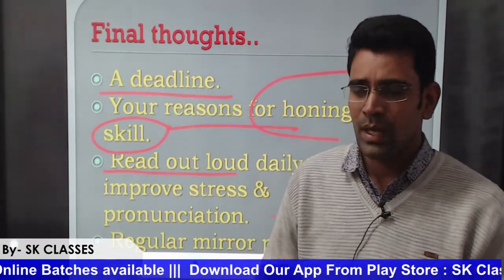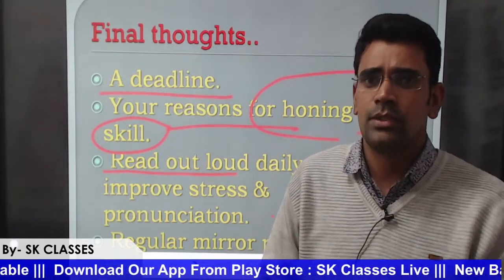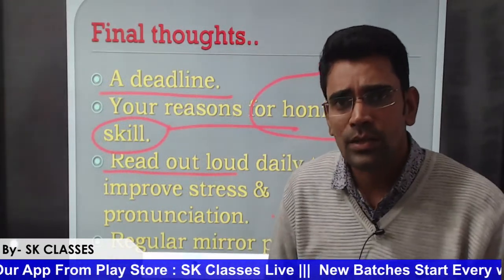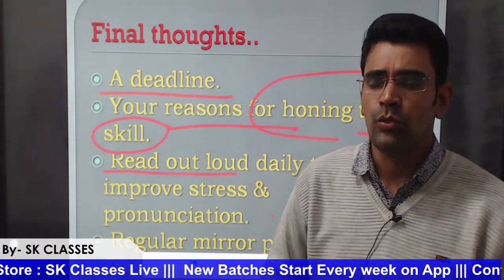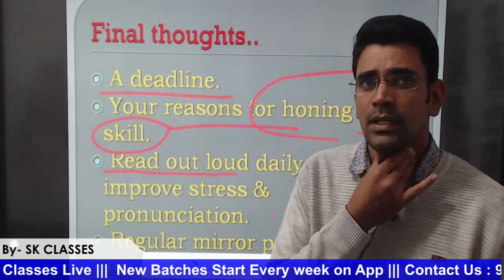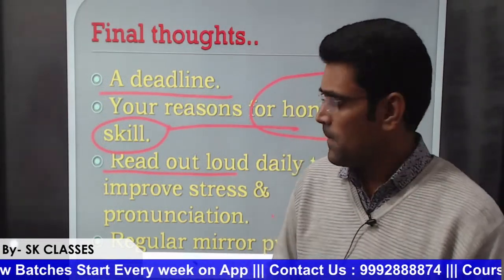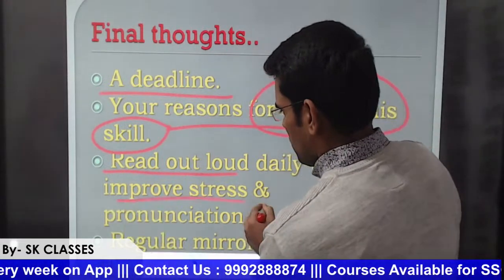So you need to read anything in English out loud at least 15 minutes a day. You can do that by standing in front of a mirror as well. Okay? Do it until your jaw structures start aching. You feel somewhat of a discomfort in your jaw structure. Okay?